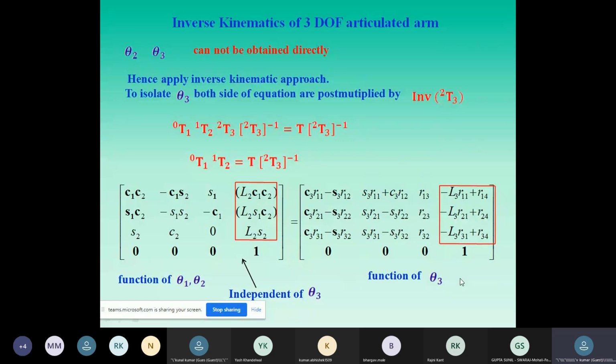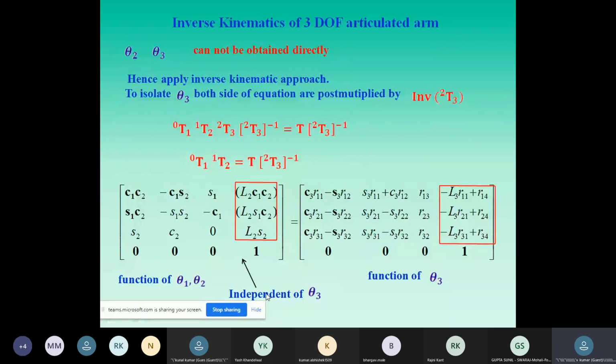The right side is a function of the one unknown, theta 3.